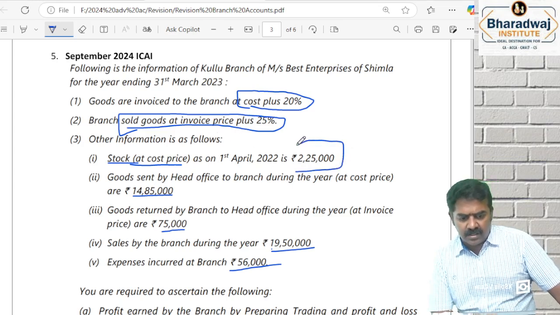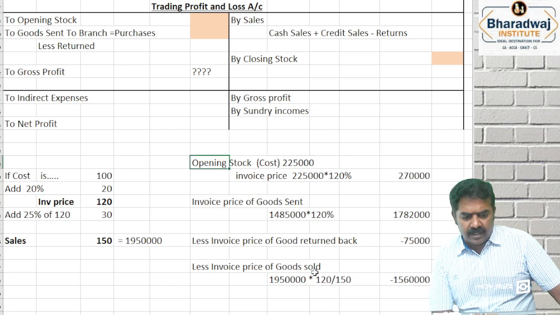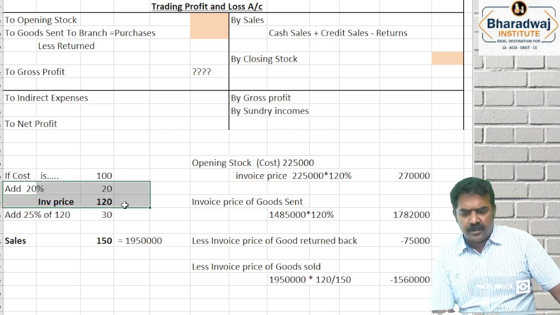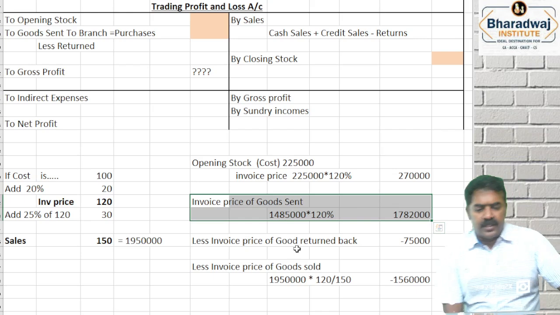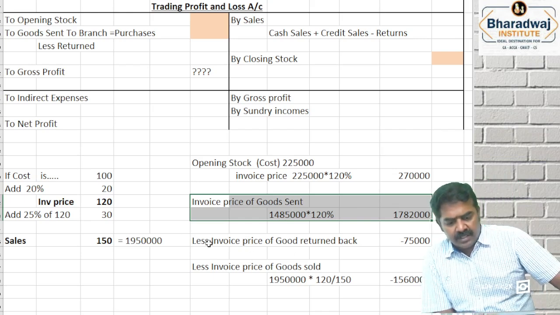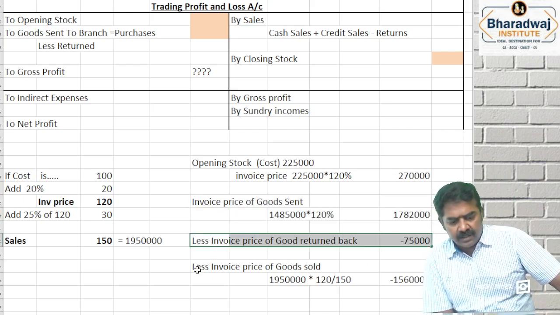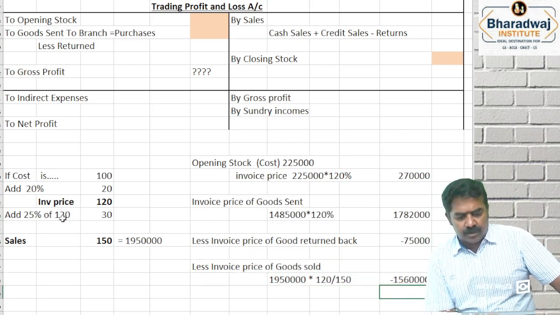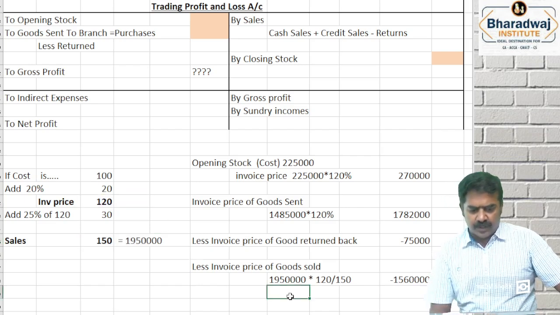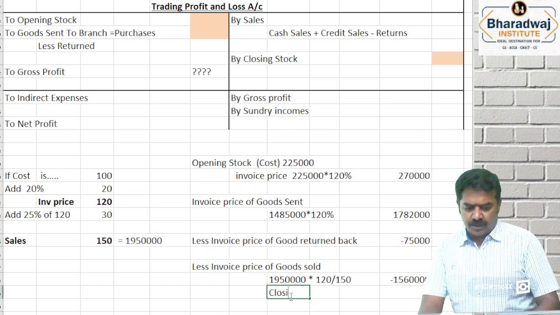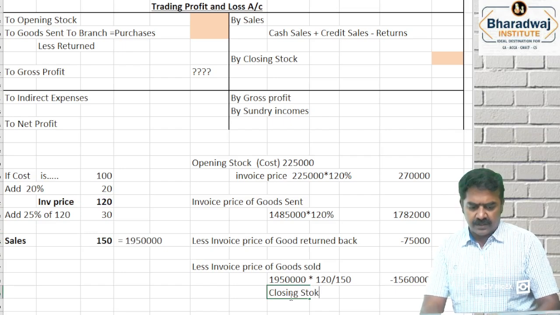If this is cost, invoice price will be that into 20% extra, you can say 120%. Goods sent 14,85,000 plus 20%, minus invoice price of the goods returned back, minus invoice price of the goods sold out. How? 19,50,000 if it is 150, what is 120? So this will give us closing stock at what price? Invoice price.